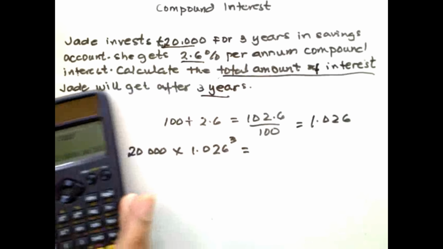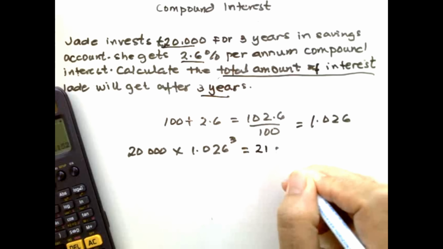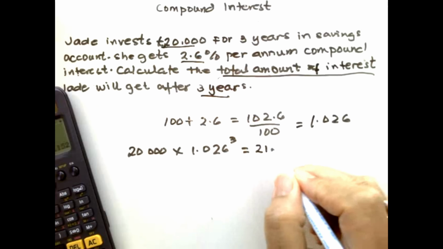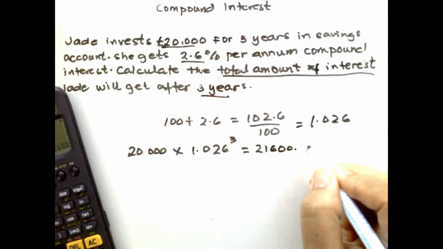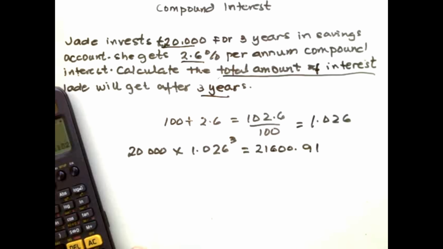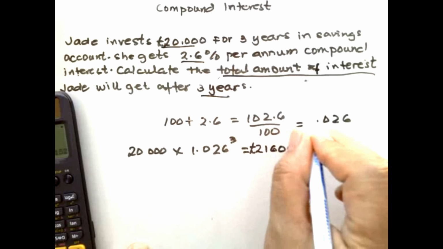The answer is 21,600 and 0.91. So that is the total amount after 3 years.